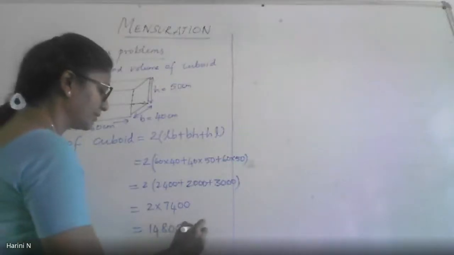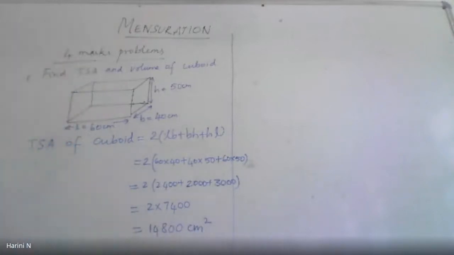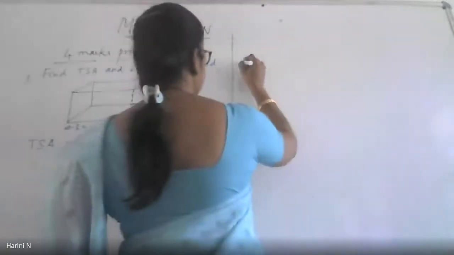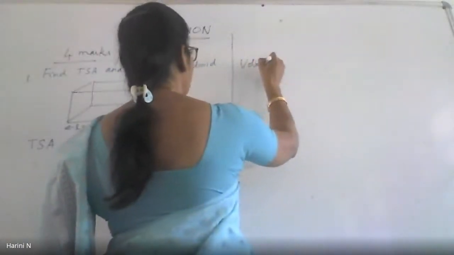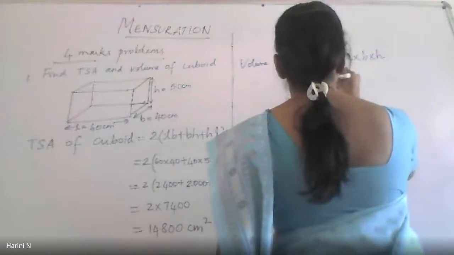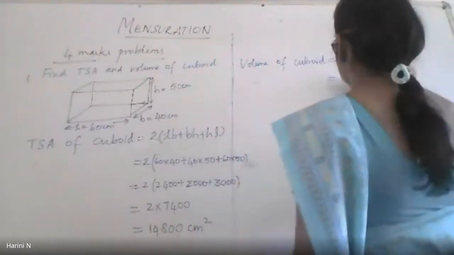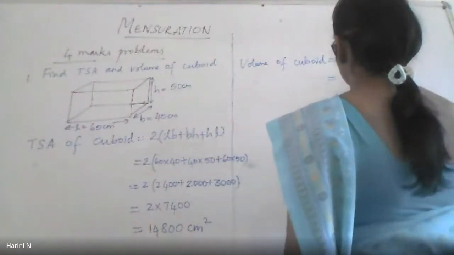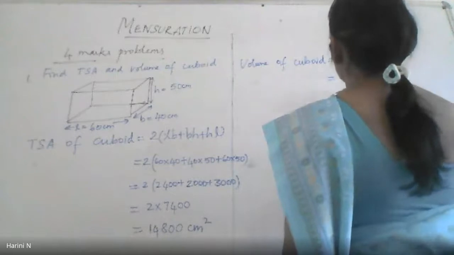So many centimeters square is the TSA. Next, volume. What is the volume of cuboid? L into B into H. Yes. So the L is 60, B is 40 and the height is 50. Multiply.